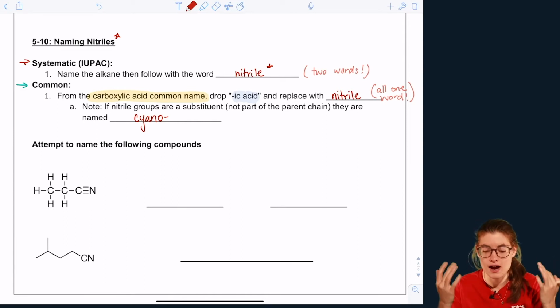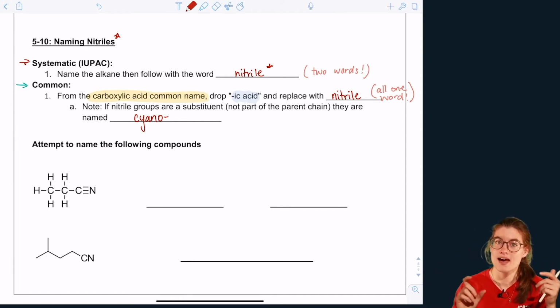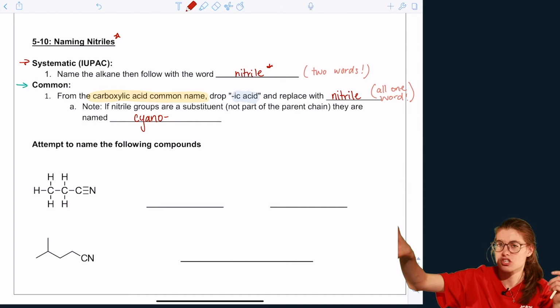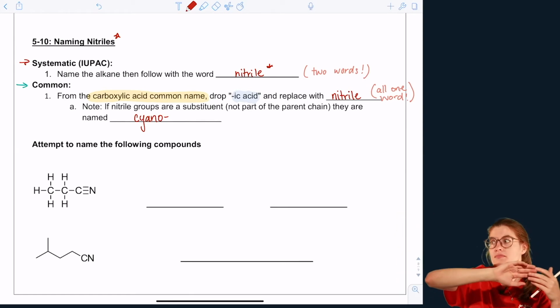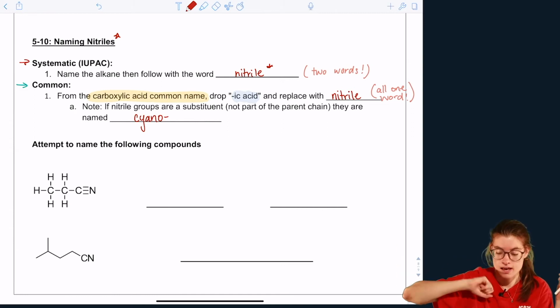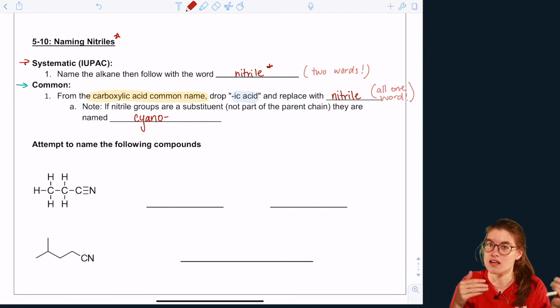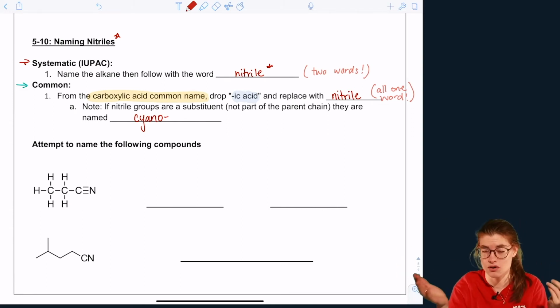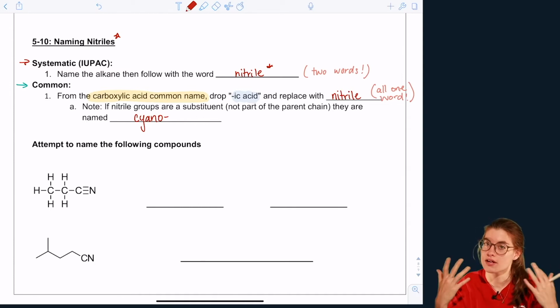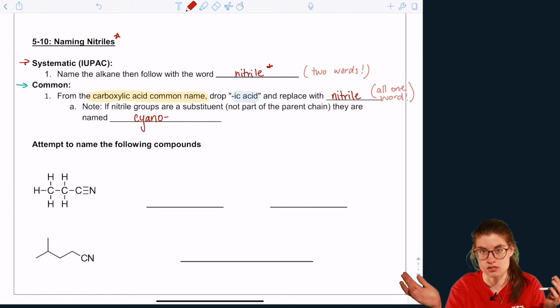When an alcohol functional group is part of the parent, we have the parent name and then we finish with the 2 letters OL, like propanol, okay? But if an OH group is not the parent, then we call it a hydroxy group, and it's just a substituent.